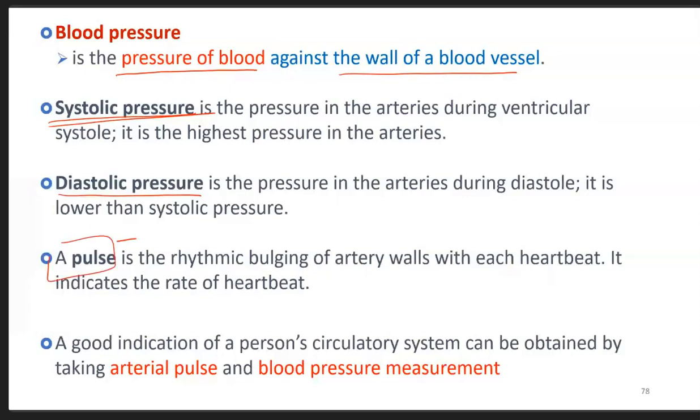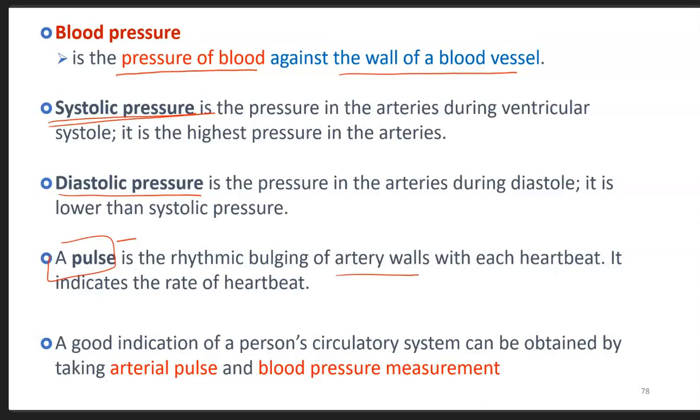Okay, a pulse is the rhythmic bulging of the artery wall with each heartbeat. Contract, relax, contract, relax. So thus it creates pulse, your pulse. So it indicates the rate of the heartbeat. So pulse rate yang awak ambil hari tu dalam eksperimen 4 hari tu kan.